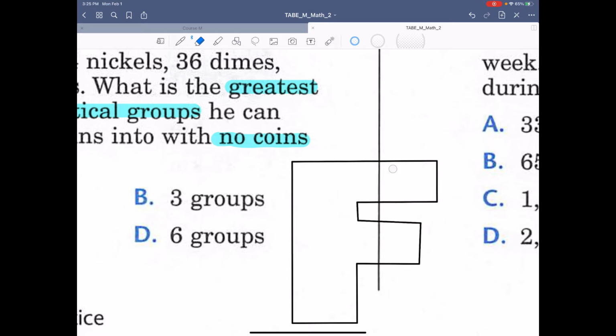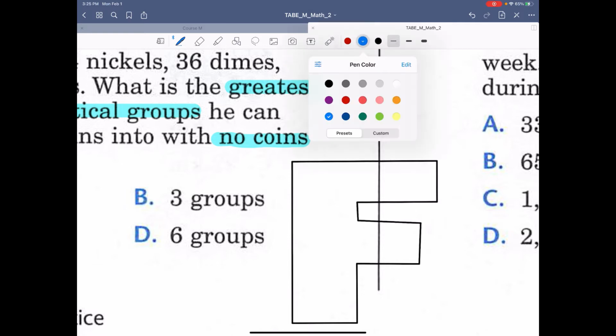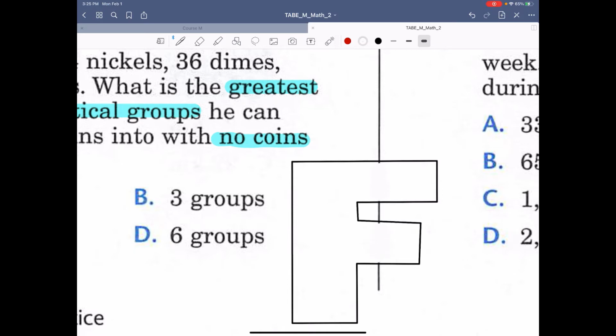So, and I'll tell you what, if you will bear with me for just a second, I'm going to get rid of this line so that it's not in the middle of your view. So I'm just erasing that part. The F happened to land on that line and I don't want it there.